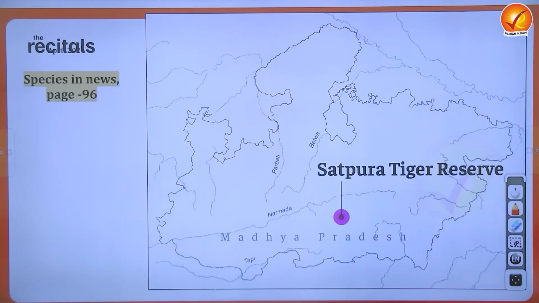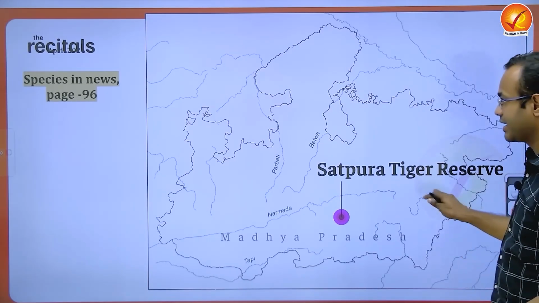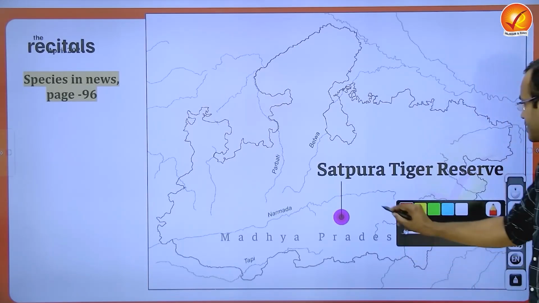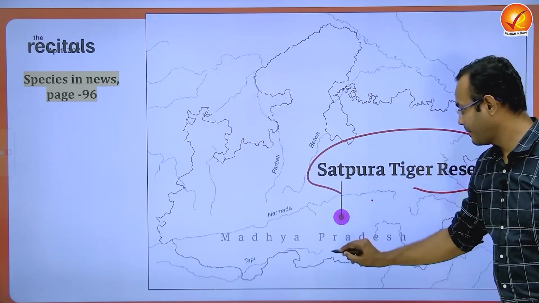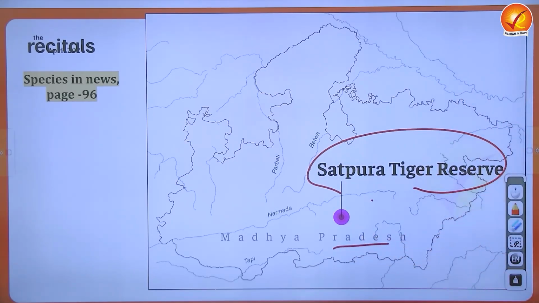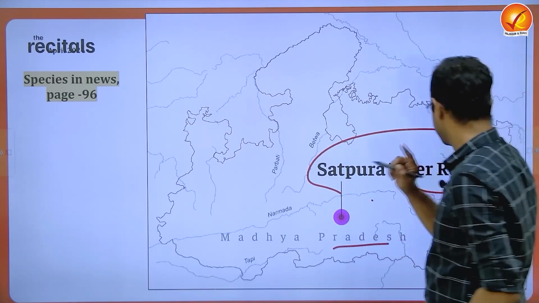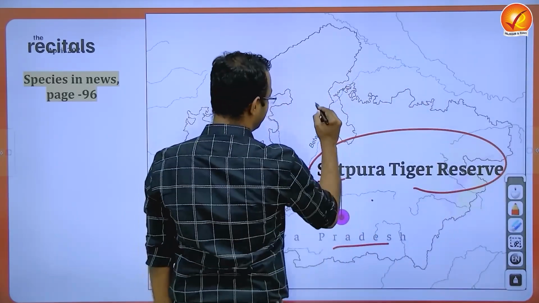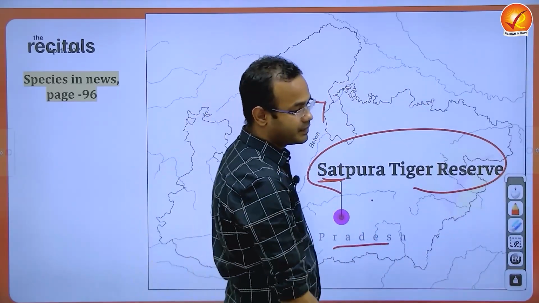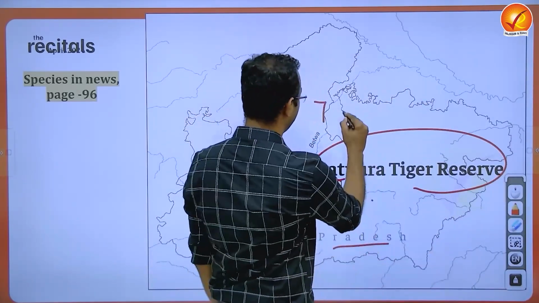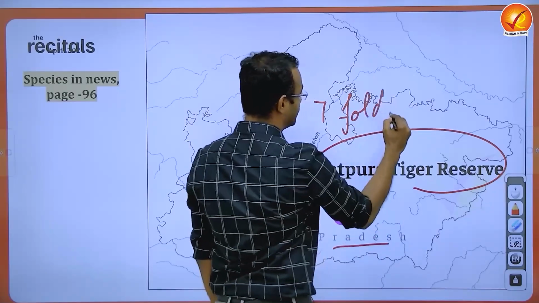Moving further, the next one, Satpura Tiger Reserve. Satpura Tiger Reserve is present in Madhya Pradesh. See, this word Sat means 7, right? Satpura, sevenfold. That is what Satpura is.